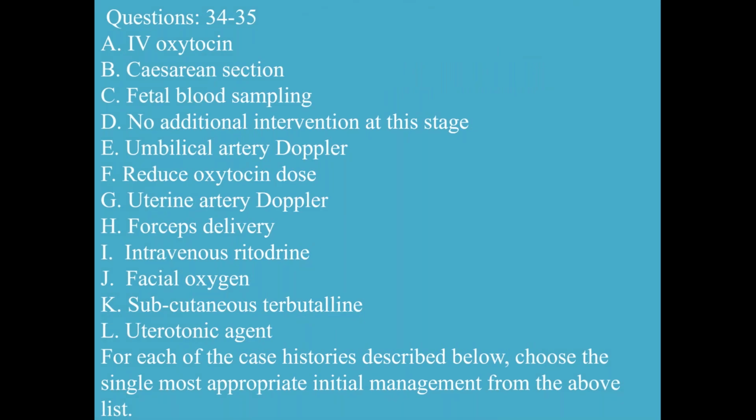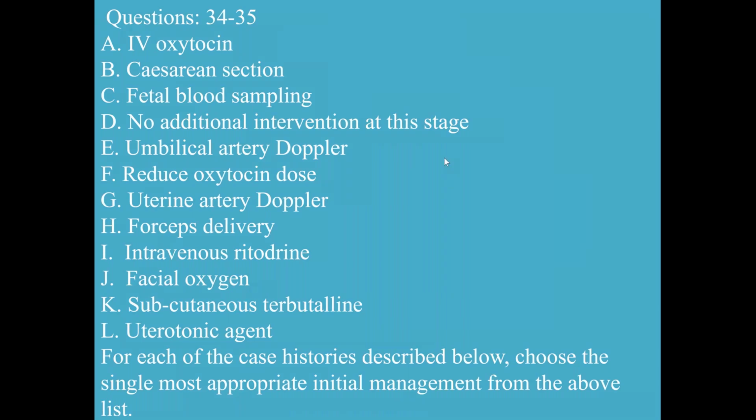IV oxytocin, cesarean section, fetal blood sampling, no additional intervention required. Yes, excellent. No additional intervention, because all maternal observations are satisfactory. Option D is ideal. Yes, you're right. No additional intervention at this stage. This is D.